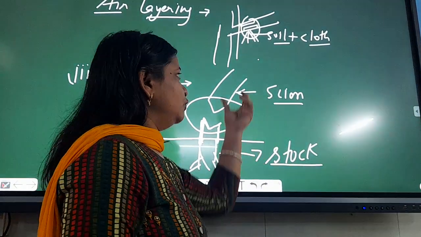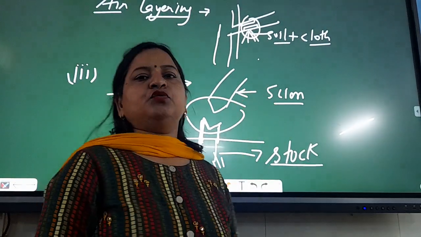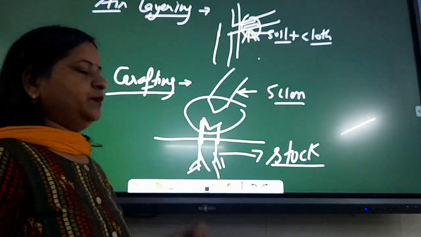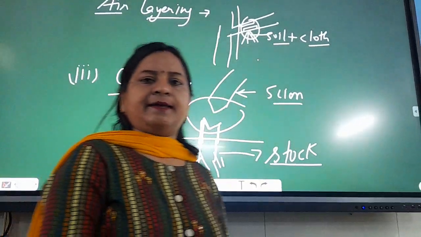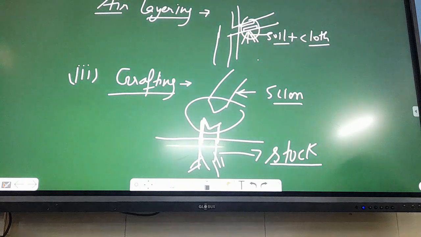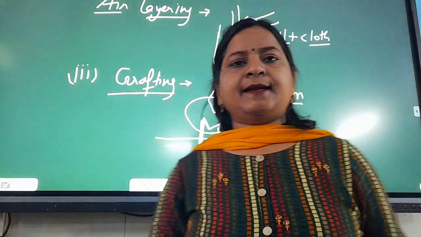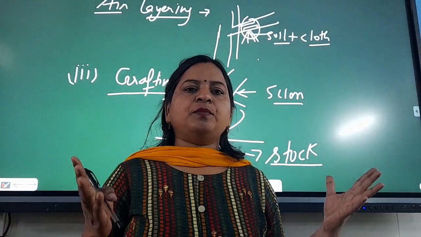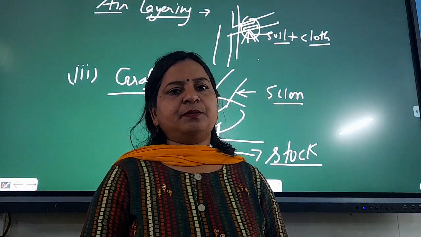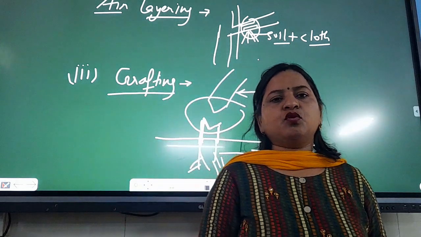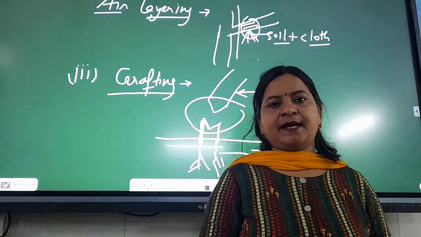So now the fruits or the product you will get have the characters of both plants, of stock and the stem. So grafting is a very interesting method by which you can develop a hybrid-like character, meaning characters of two plants can be merged in a single plant, so that you can get more desirable characters in one.